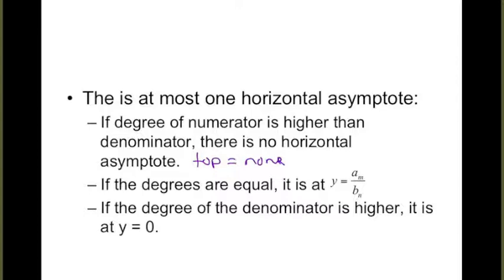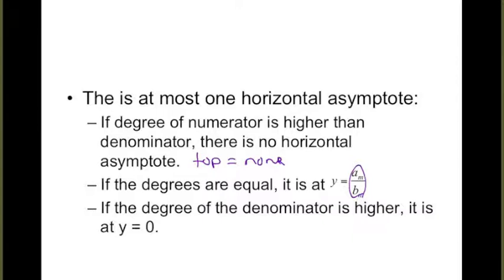If the degrees are the same, so it's an x squared on top, x squared on bottom, x cubed on top, x cubed on bottom, then we're going to take the fraction of the coefficients, just like we did yesterday. Because yesterday the degrees were the same. It was x on the top and x on the bottom. So we'll take the fraction of the numbers in the front. So if they tie, we do the fraction.